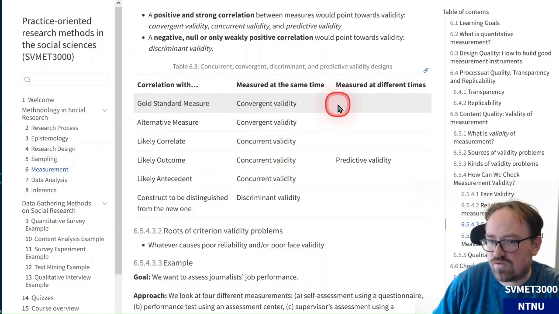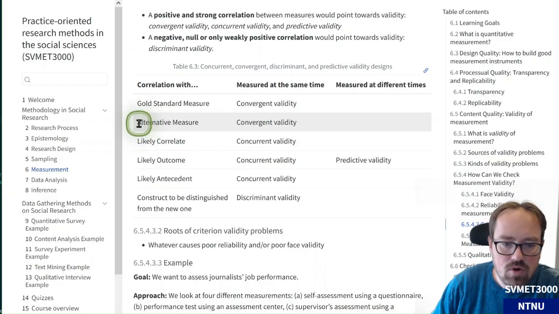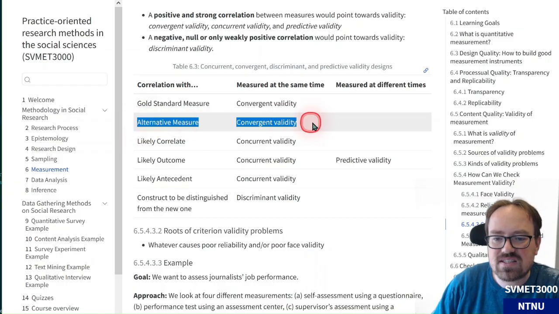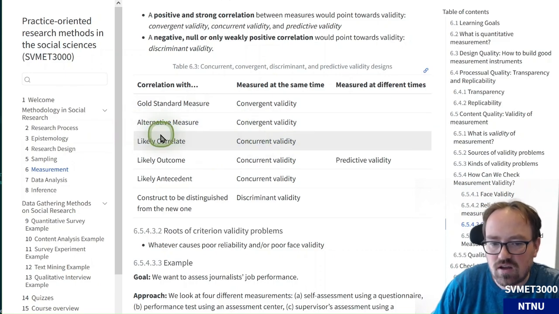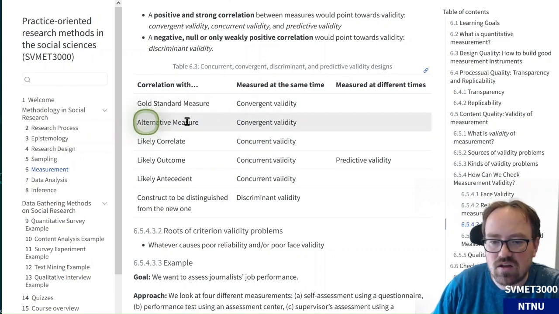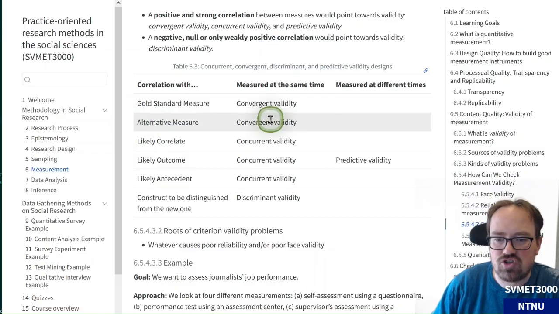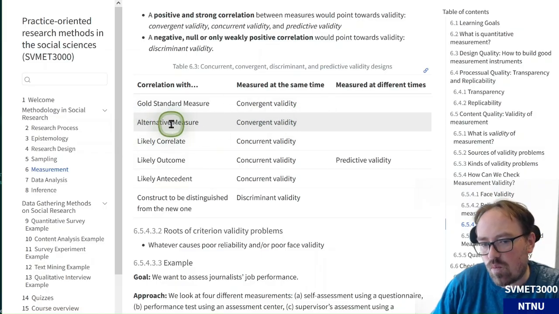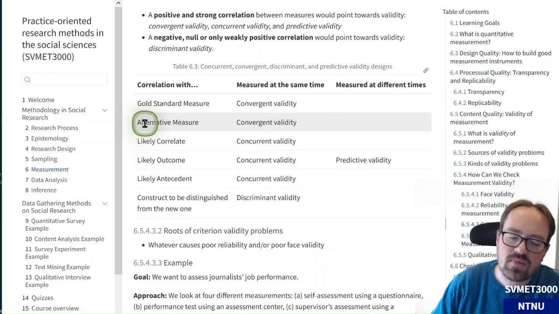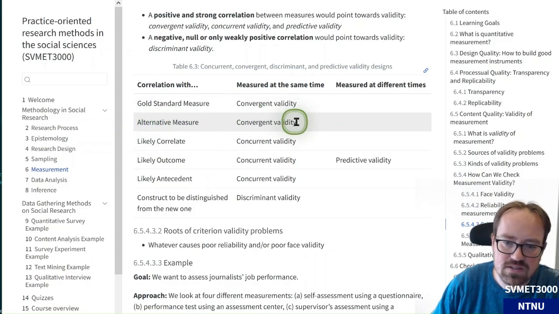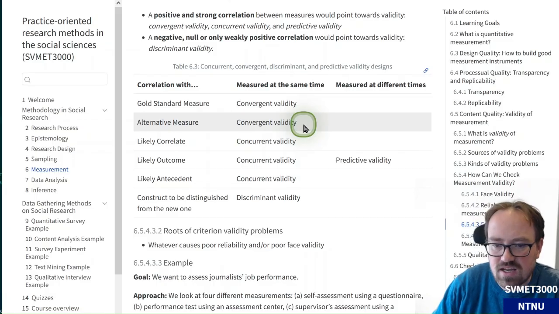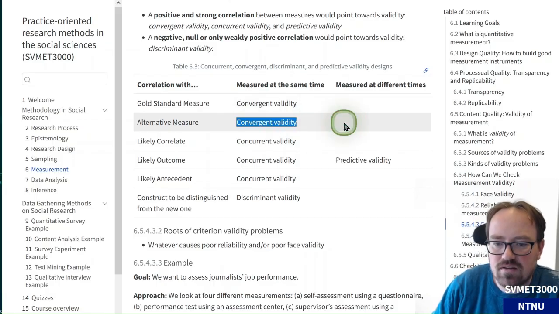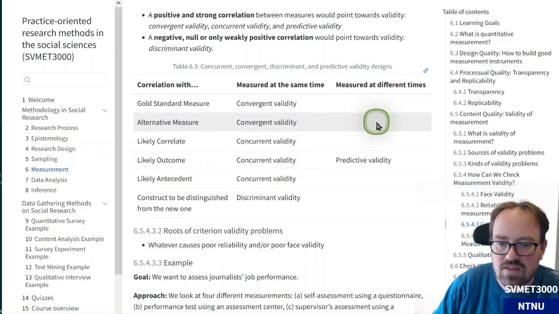That's called convergent validity. The same goes for when it's just some alternative measure. So you have two relatively equally popular intelligence tests and check whether they converge. That means there's a high correlation between the scores the two produce in the data. And if that is the case, we also say there is convergent validity.